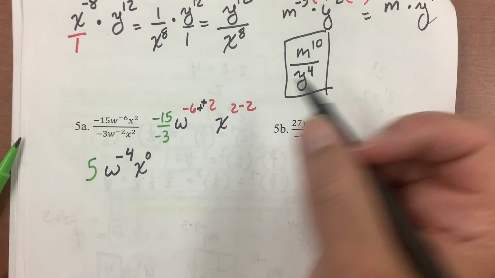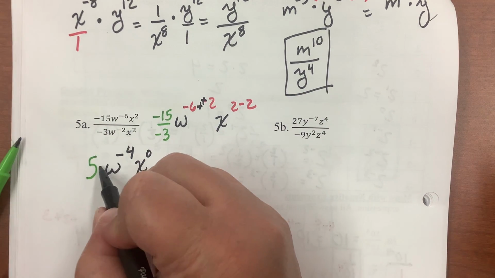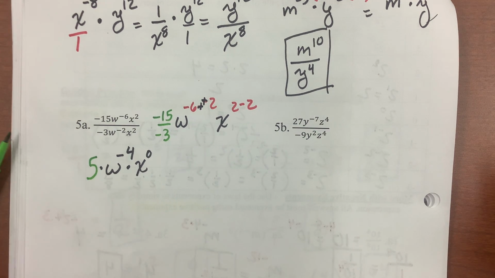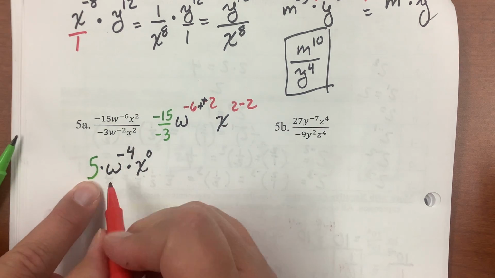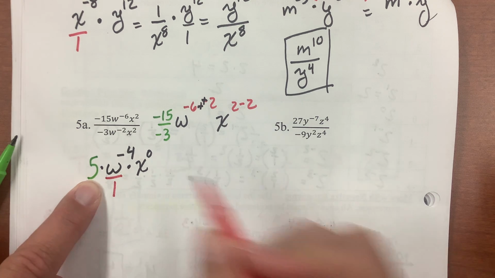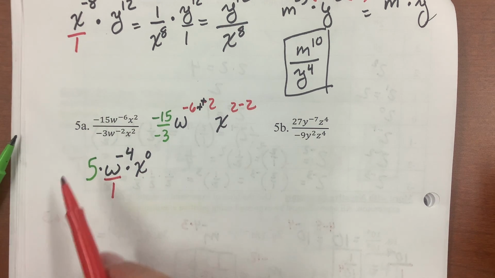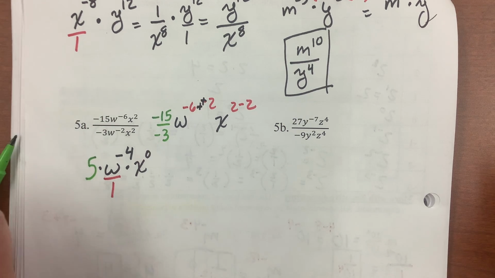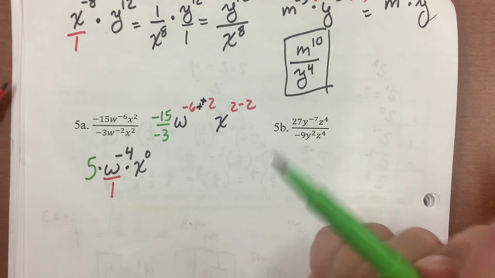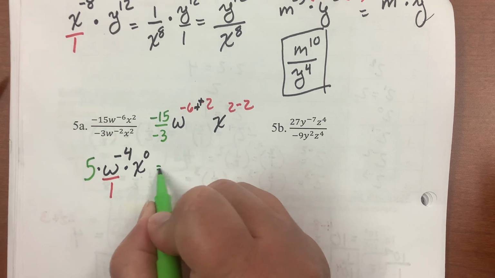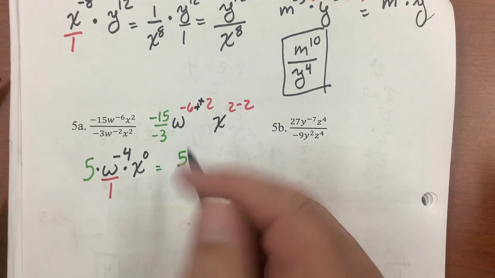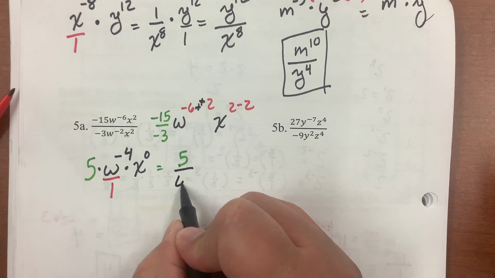All right, some stuff has to happen here. These are all separated by multiplication. This w goes over 1. That's the only part that goes into the denominator. So now I'm going to have 5 on the top and w to the 4th on the bottom.